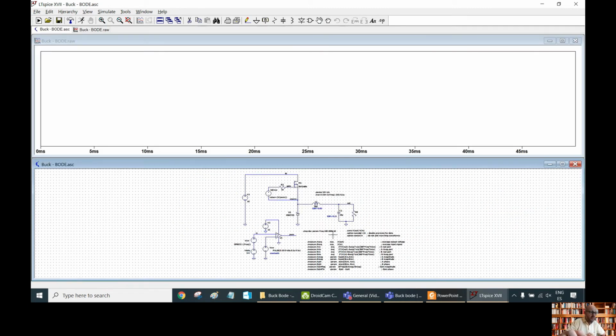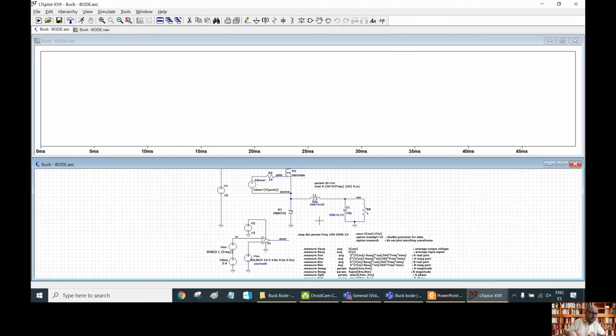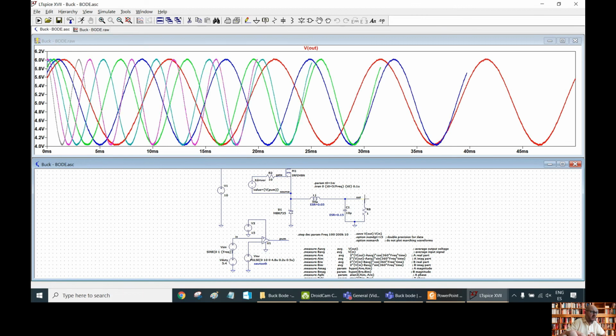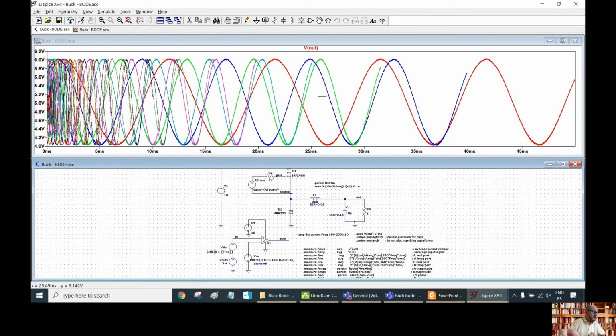So now the simulation has finished, and we can see, for example, here the output voltage if we like to see what happens. We can see here many different waveforms, one for each modulating frequency.